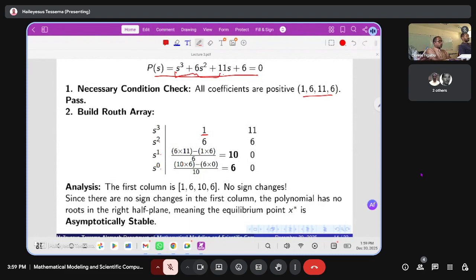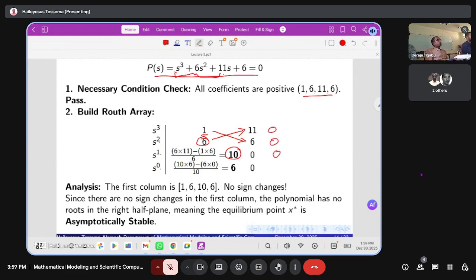To find this value, we use 6 times 11 minus 1 times 6, over 6, which is the pivot. That is 10. The other element is 0, because here we have 0 elements.